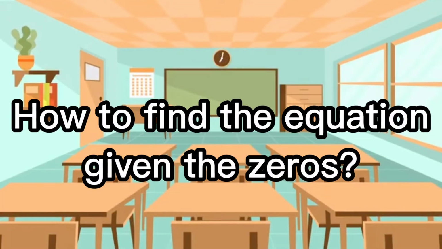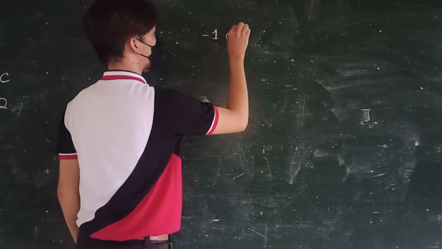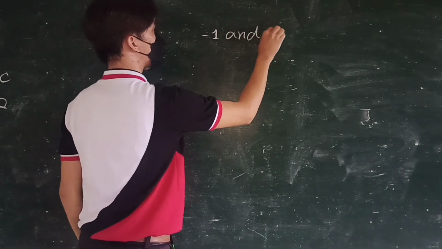How to find the equation given the zeros? Example, let's find the equation of the quadratic function given the zeros assuming that a equals 1. So we have negative 1 and positive 7.